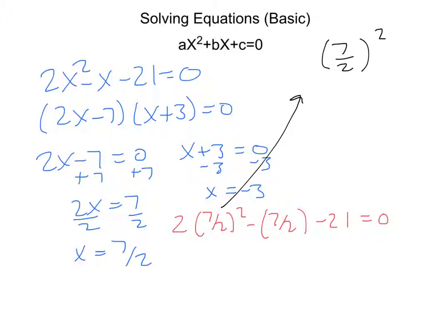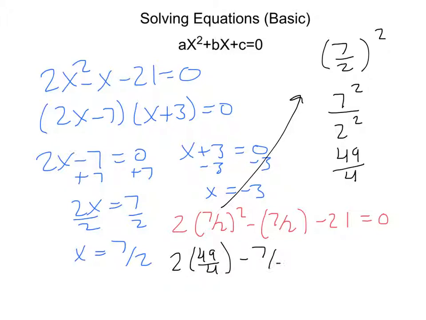Whenever you've got a fraction squared, you apply that square to both the numerator and denominator. So you're going to get 49 over 4. Now we have 2 times 49 over 4 minus 7/2 minus 21. Okay, now what we're going to do, let me zoom out a little bit.